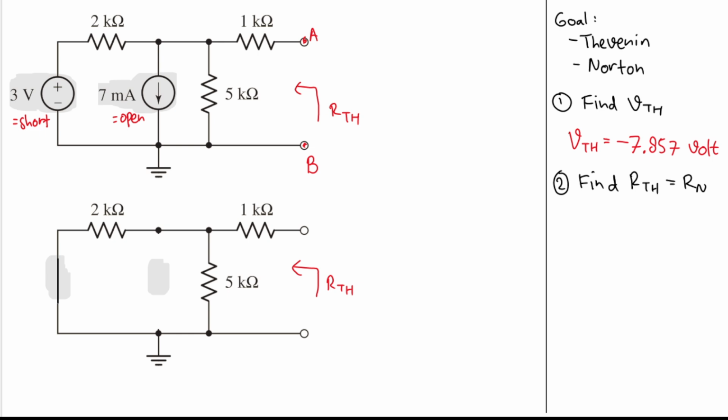So let's calculate that. What is RTH here? That will be 1 kilo ohm. And then that will be in series with 5 parallel with 2, right? So we'll have 5 parallel with 2. Good. So we will have 1 plus 5 multiplied by 2 divided by 5 plus 2.